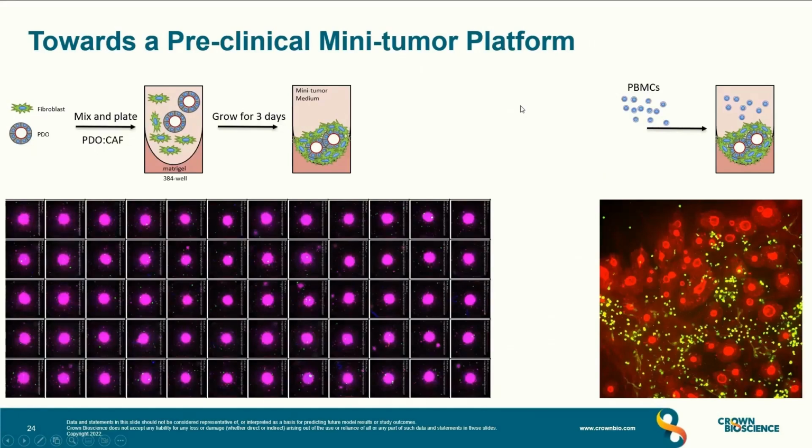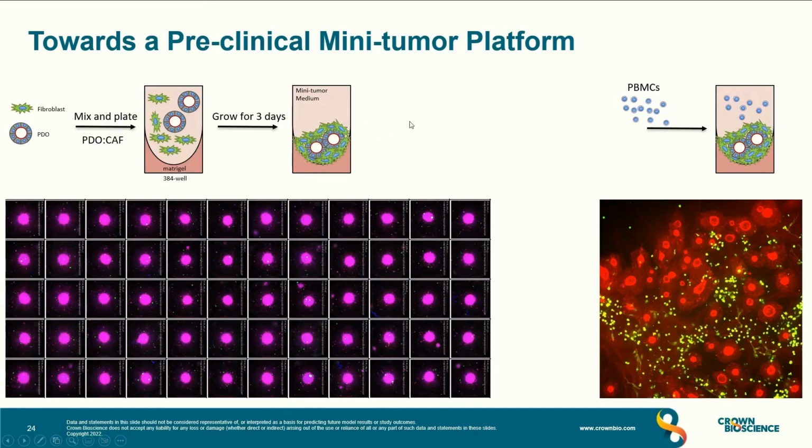We are still pushing the development. As I said, physical interaction between tumoroids and fibroblasts is essential to get pathologically relevant expression of your markers. So we are trying to push that by making mini tumors.